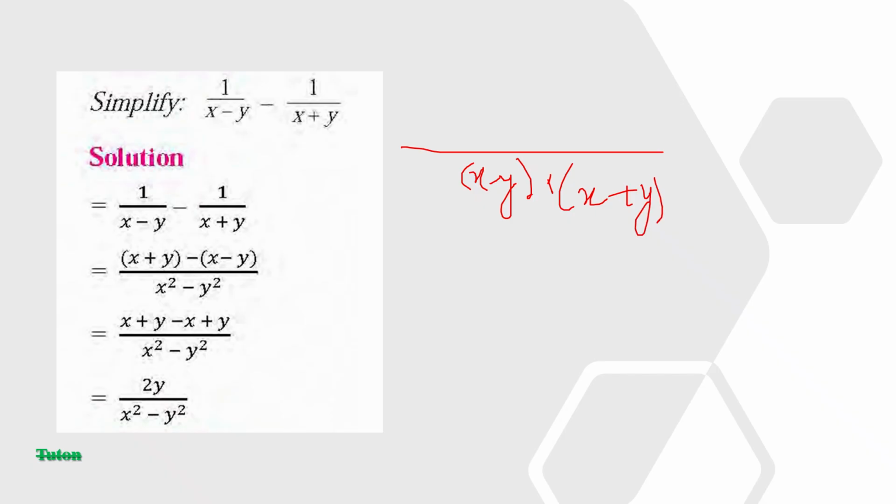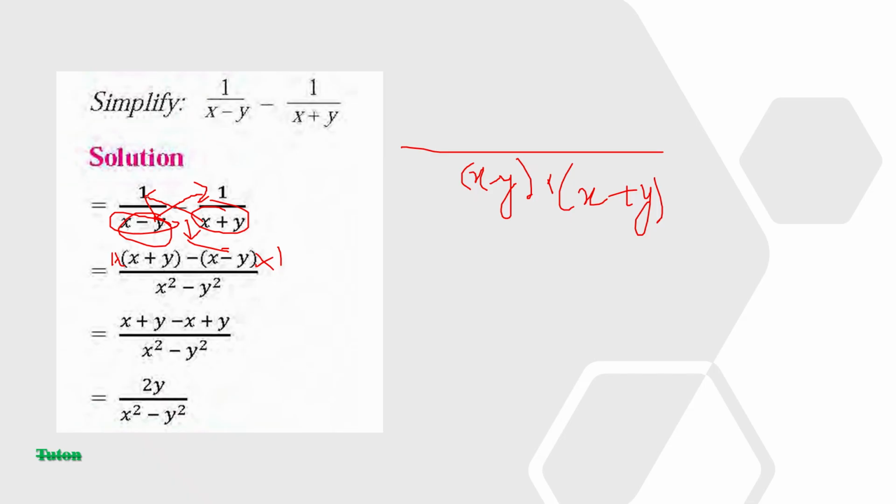When we work on this kind of subtraction of fractions, this part goes here multiplied by 1, and this part x minus y goes here multiplied by 1. Here it shows in this video that it is multiplied by 1, keeping this term in the bracket, and this multiplied by 1.